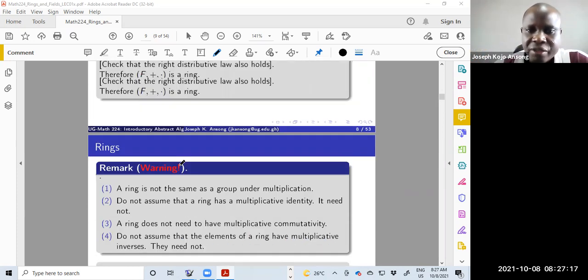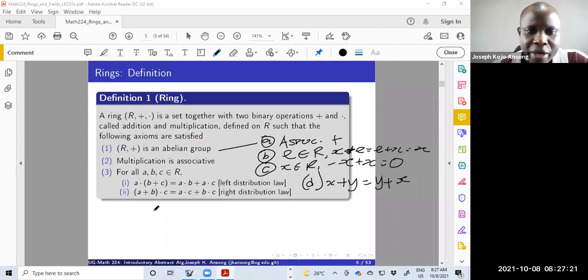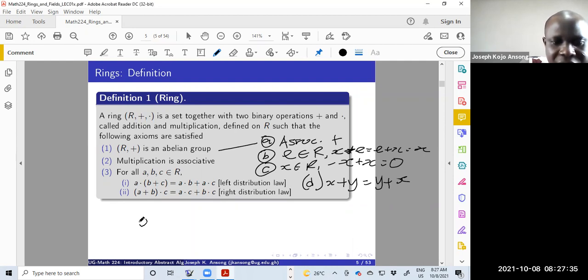In the definition, nothing says anything about a multiplicative identity. If you go back here, all we want is that multiplication must be associative. There is nothing about a multiplicative identity. So I don't need to have an element, let's call it e, such that when I multiply it by some x in R, I get x. I don't need to have that.